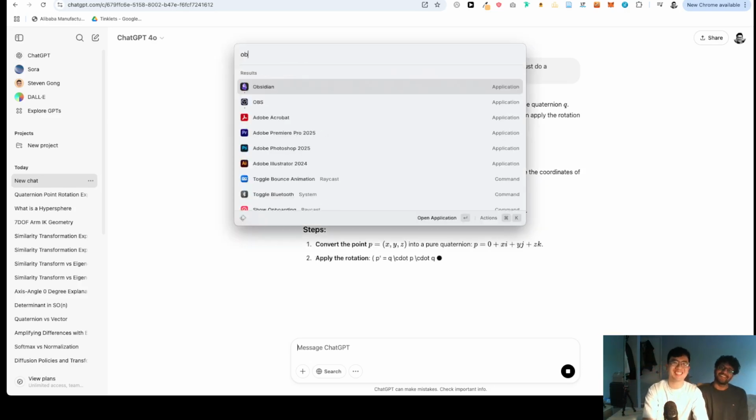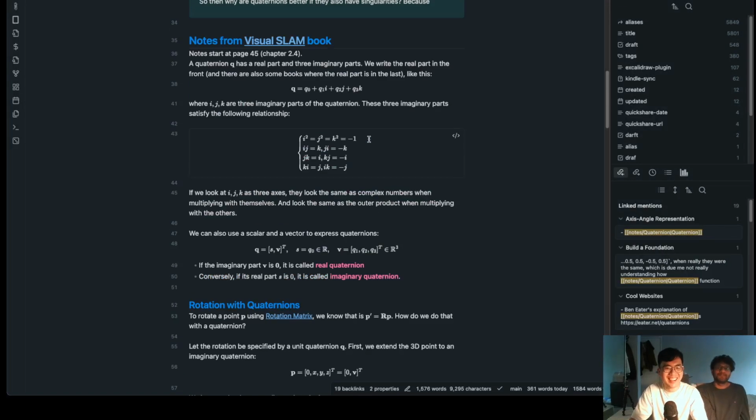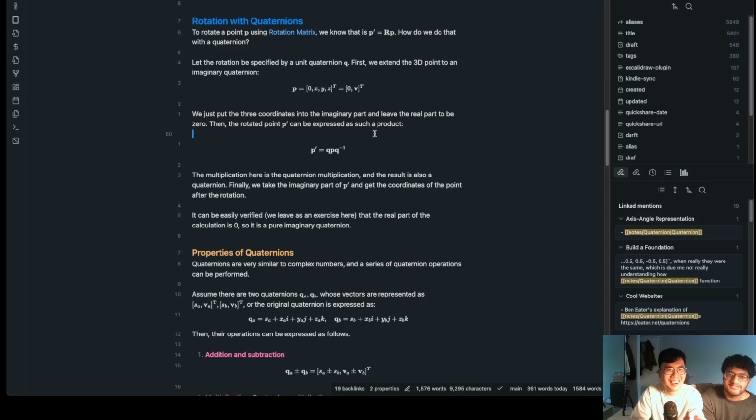Okay, one last one. Wow, KJ doesn't know what he's doing. KJ is like, how do you multiply a point by a quaternion? Oh, you just multiply. KJ, come on. That's interesting.